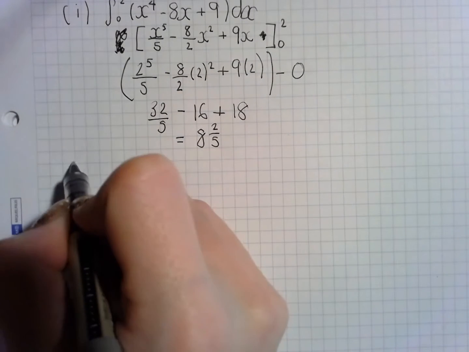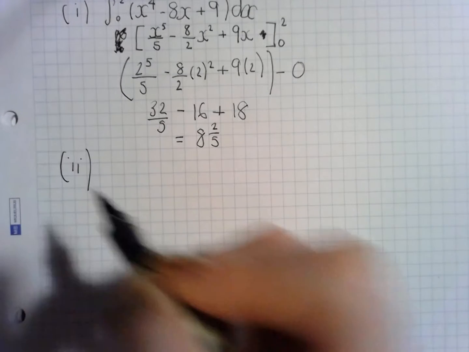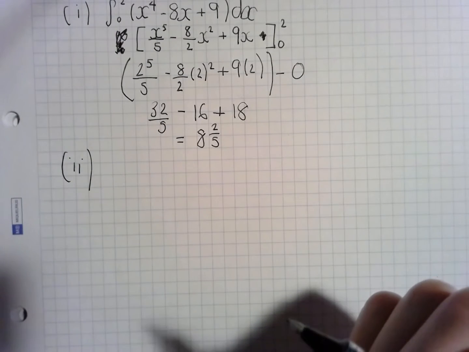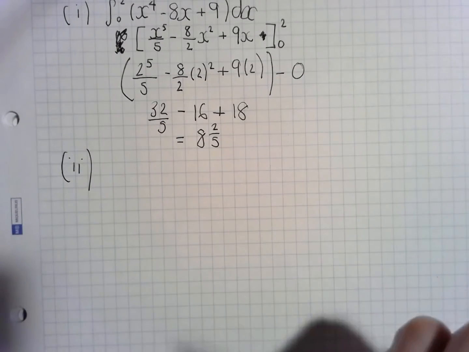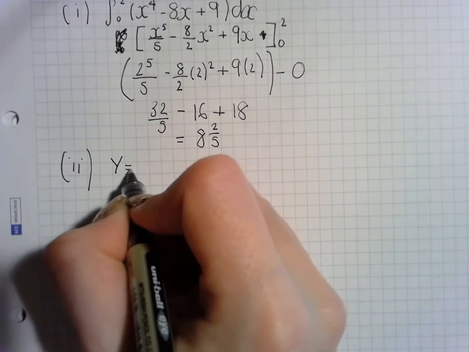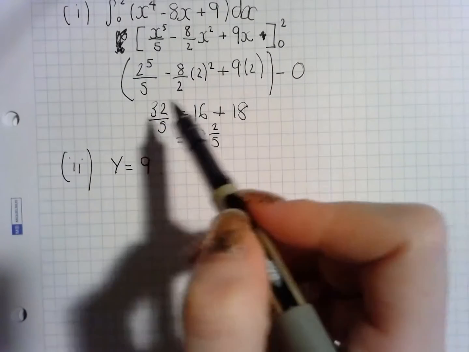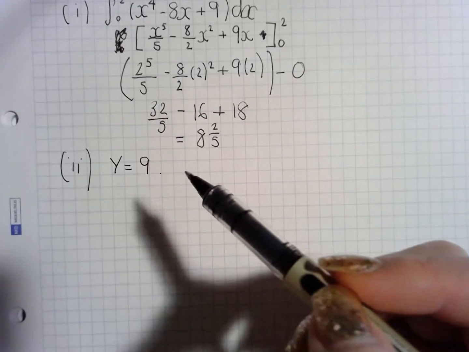The second part asks you to find the area of the shaded region bounded by the curve and the line y equals 9. So this is the extra information that you're given.